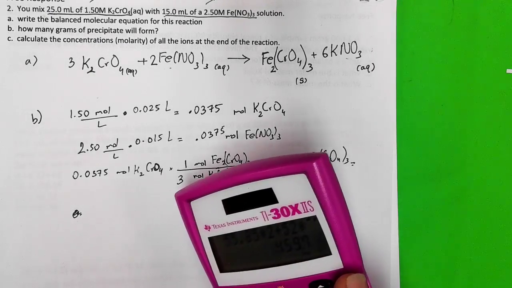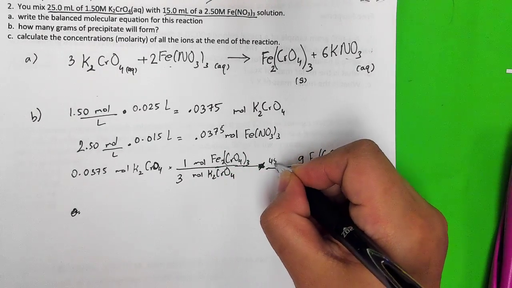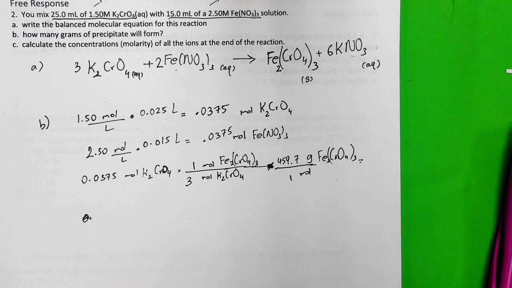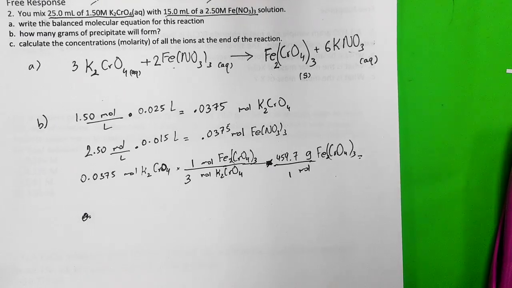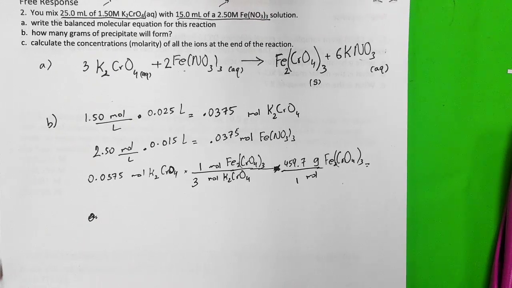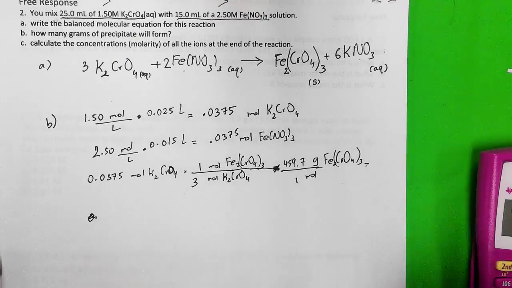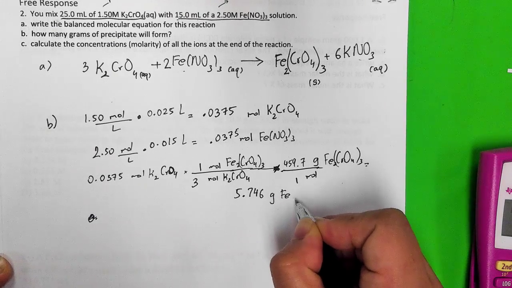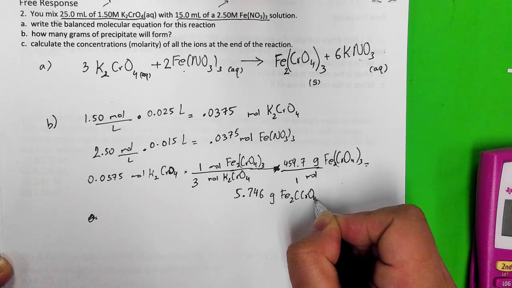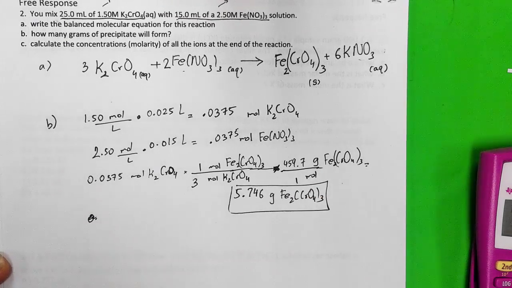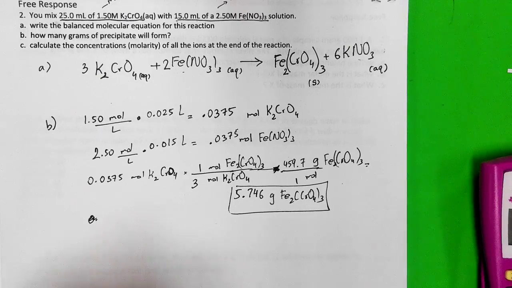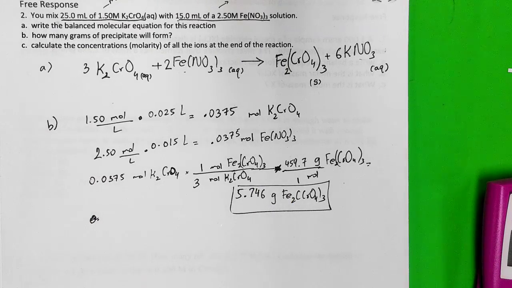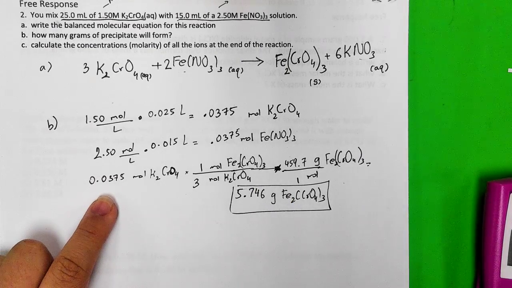That will give you 459.7. Multiply by 0.0375 divided by 3, which gives 5.746. This is my answer for part B. If you're wondering, you could definitely convert the other one also, and you'll see that it will be less. In fact, let me see what that number would be.